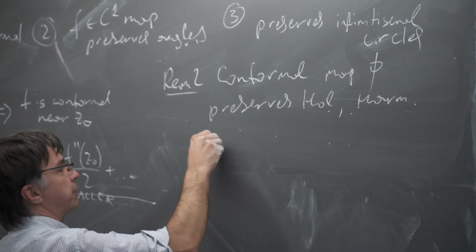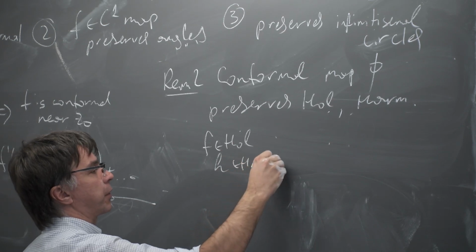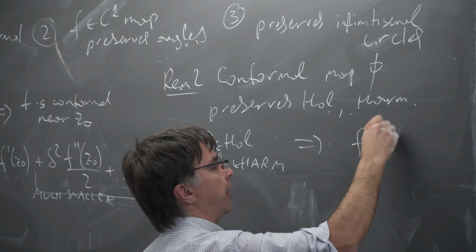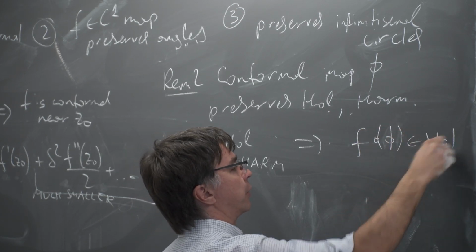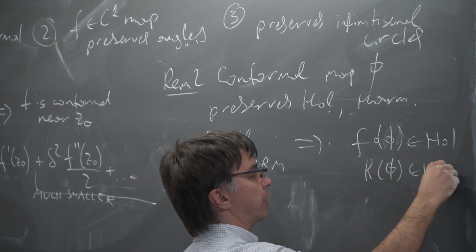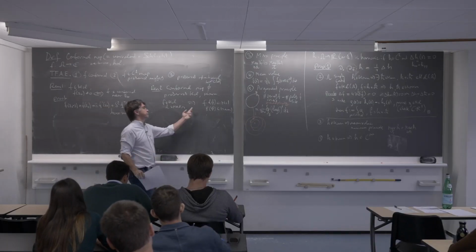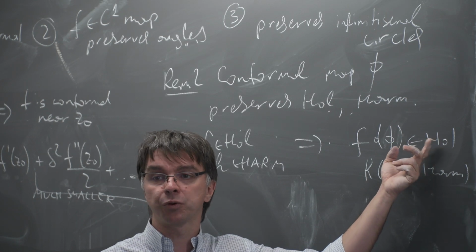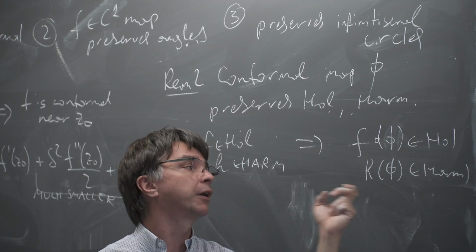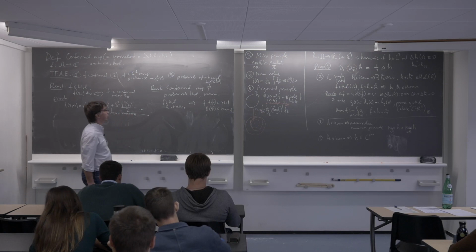So if f is holomorphic and h is harmonic, then with the composition with phi, f of phi is holomorphic, and h of phi is harmonic. The first is clear because a composition of holomorphic functions is holomorphic: each of them has a complex derivative, you start differentiating, you get a complex derivative. And for harmonic it's true because every harmonic function can be complemented to be holomorphic.